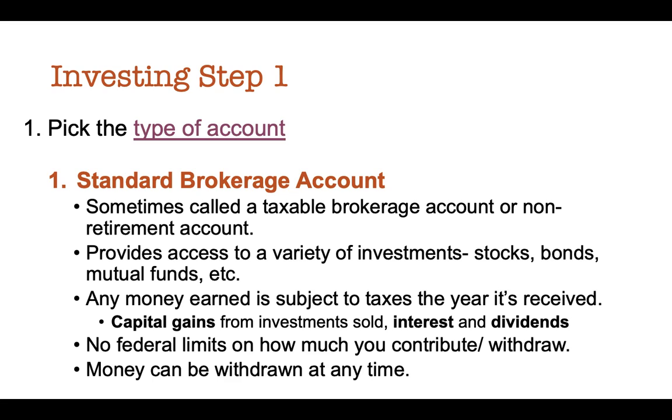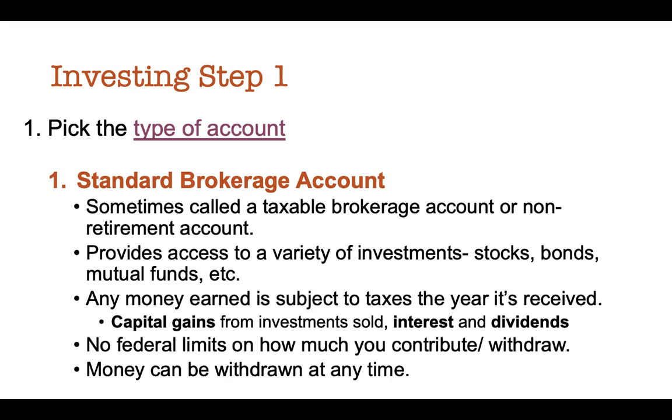And any money that you earn from your standard brokerage account is subject to taxes from the IRS the year that money is earned. So you can earn money a couple different ways. One includes capital gains from an investment that you sell. So say you buy a share of stock at the beginning of the year, worth $100, and by the time November rolls around, it's worth $120, so you sell it.